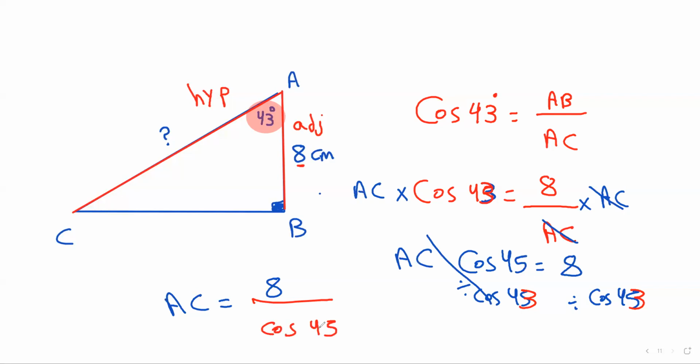By using the calculator, write 8 divided by cosine 43 and close the bracket. AC equals 8 divided by cosine 43. To the nearest 3 significant figures, it equals 10.9 centimeters.